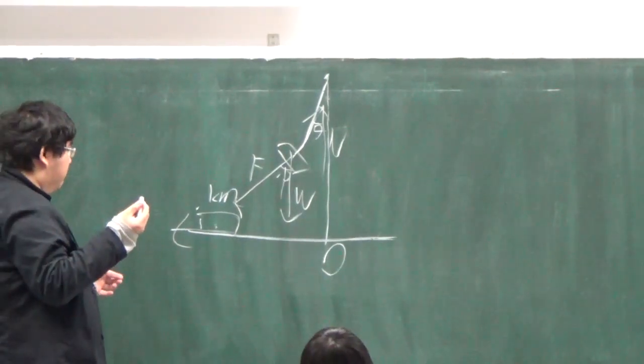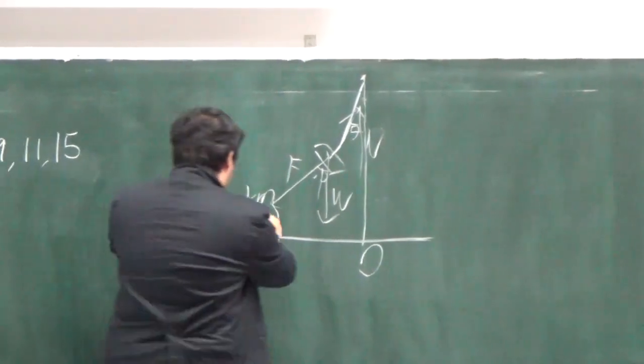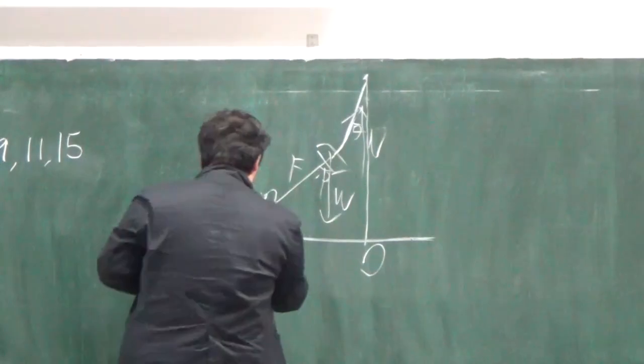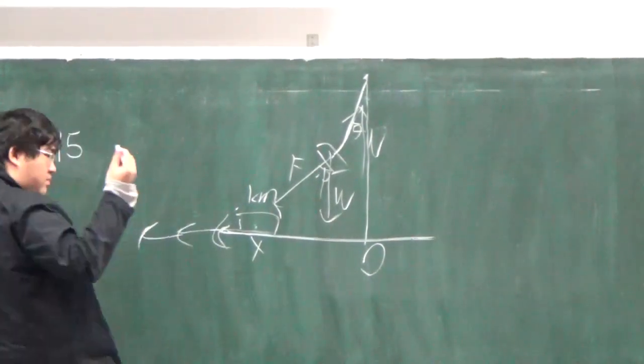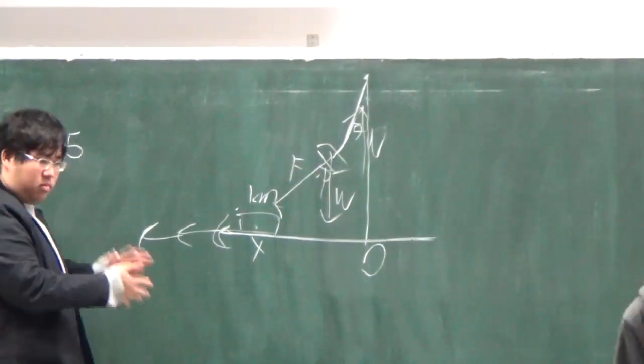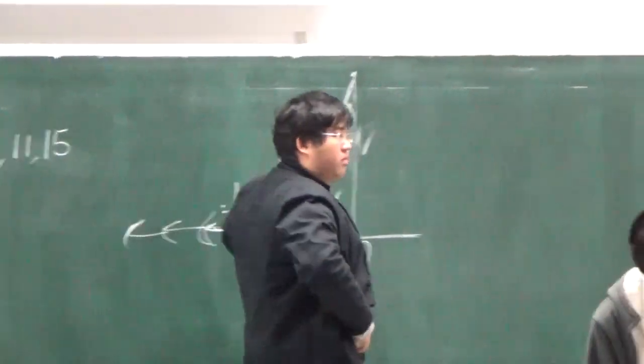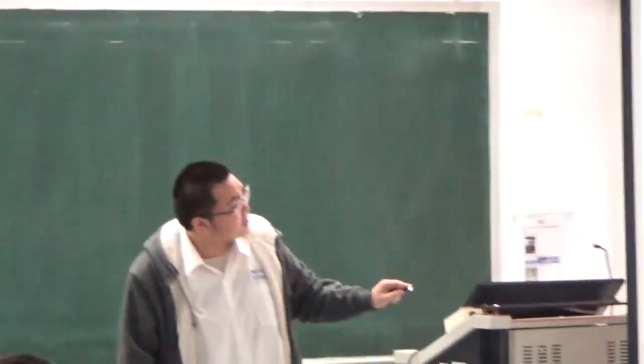We move it. Here is the position, and we move it once. Okay, I got it. But the next question is, how does the force become sometimes bigger, sometimes shorter, sometimes bigger?